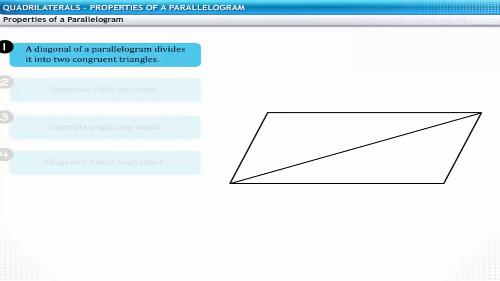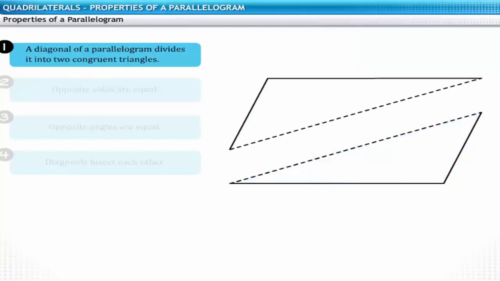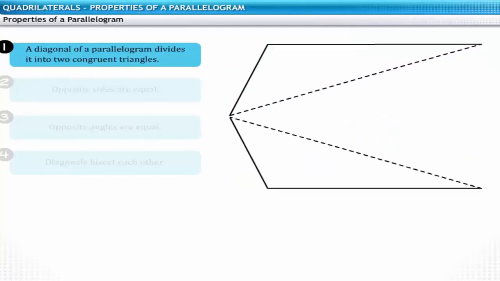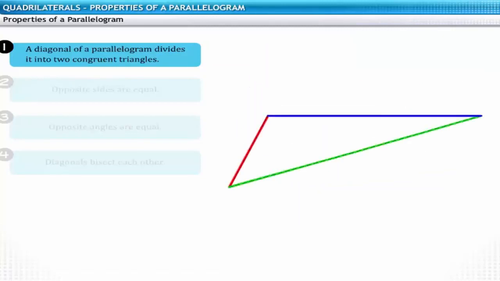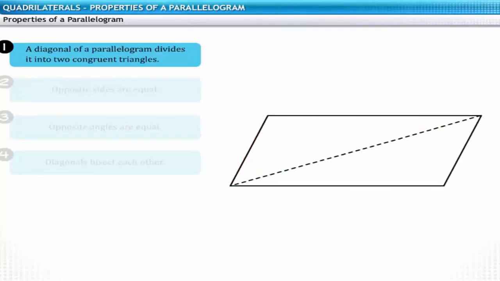It divides the parallelogram into two triangles. The two triangles coincide, meaning the corresponding sides of both the triangles are equal. This implies a diagonal of a parallelogram divides it into two congruent triangles.